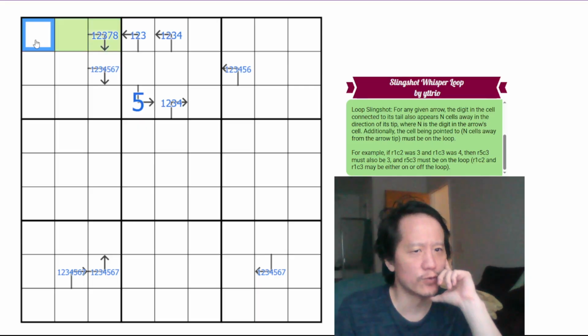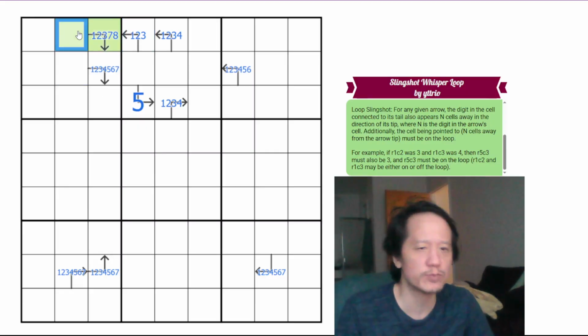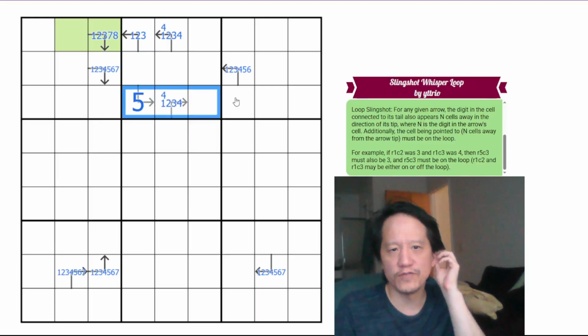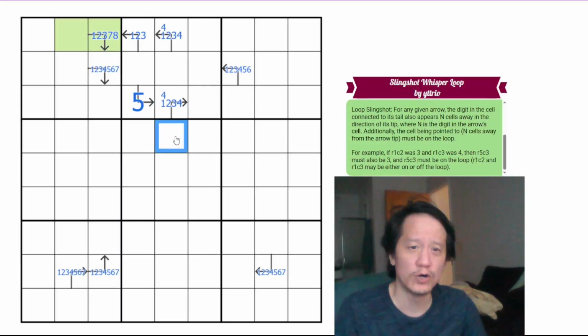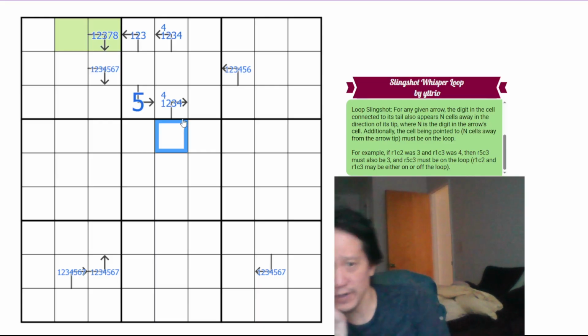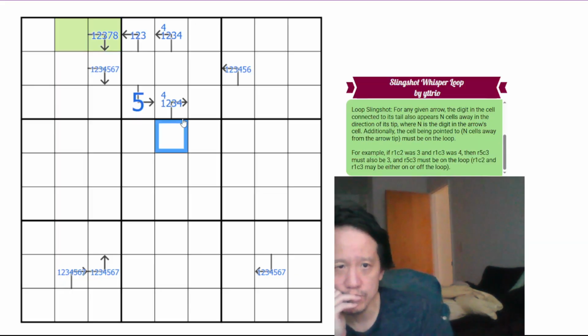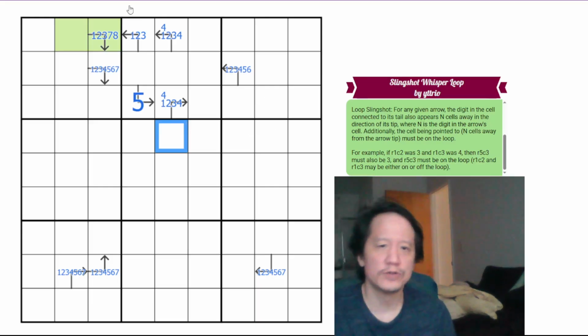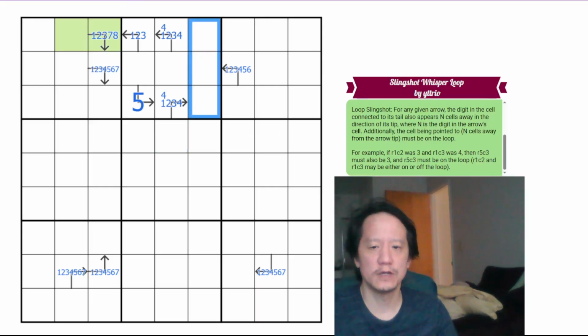Because if it were 4, this cell would see 2 unique digits on the German whisper loop. So one of these would have to be 4. So 5 would be referencing this. I guess this could be referencing the same 1, and these are the same digit. That's possible. Huh. So the rest of this would be 6 through 9 here.